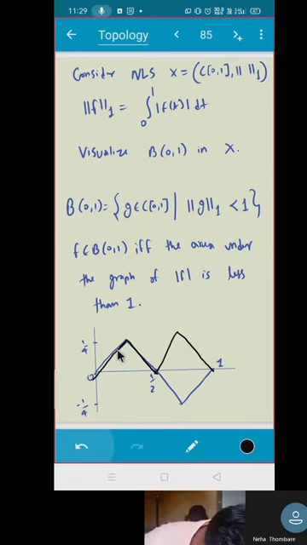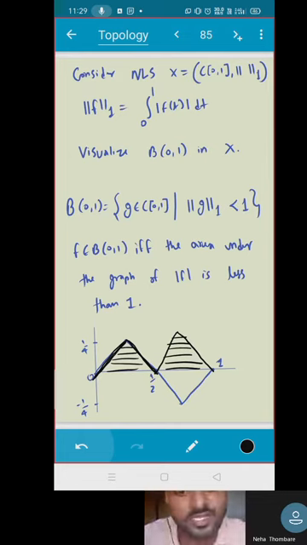What do you have to do? You have to find the area under this curve. Can you do that? You have to find this area and this area and add them, and check whether it is less than 1. If it is less than 1, the answer is that f lies in B01. So can you quickly tell me what the area is?